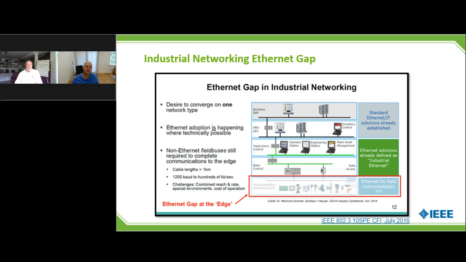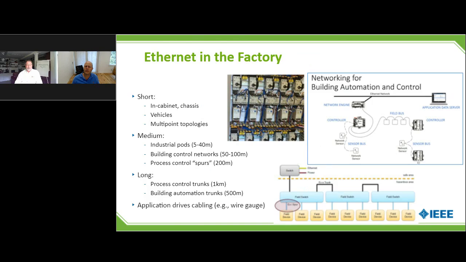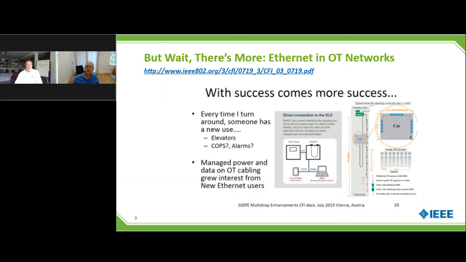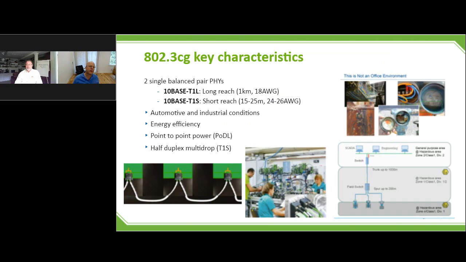There's the long reach, that goes out over the kilometer, but there's also a short reach, what's called 10BASE-T1S, which fills needs in cars, it fills needs in factory pods, and that short reach PHY, as we call it, has a half duplex mode.